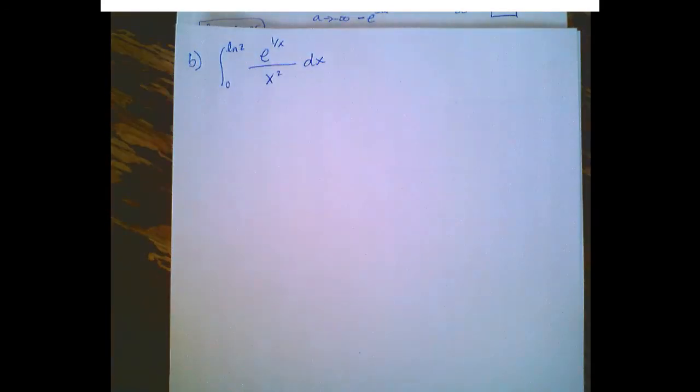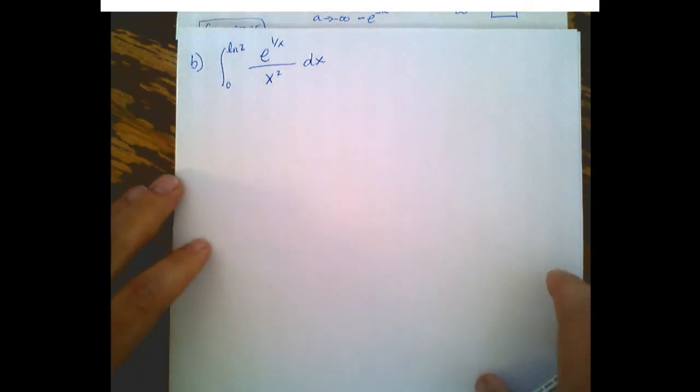Let's do the integral from 0 to the natural log of 2 of e to the 1 over x squared dx. Okay. Is this improper? Well, it is, right? We can't plug in 0 in either case.